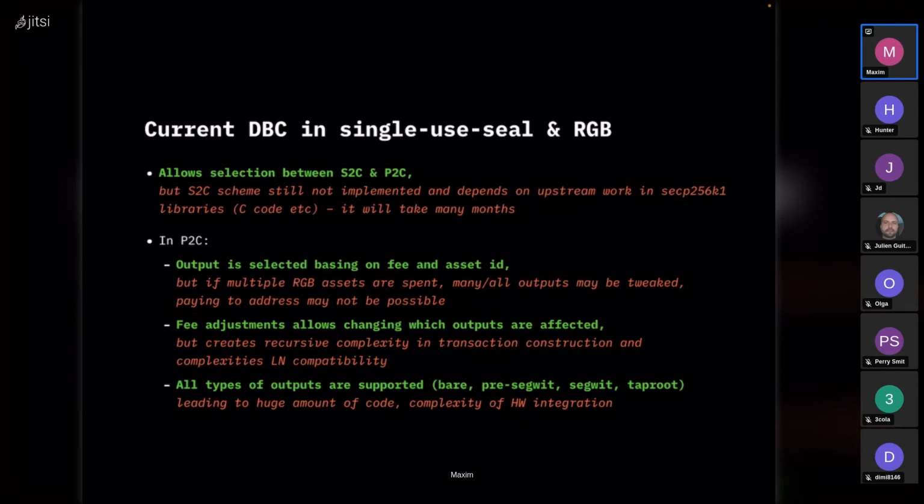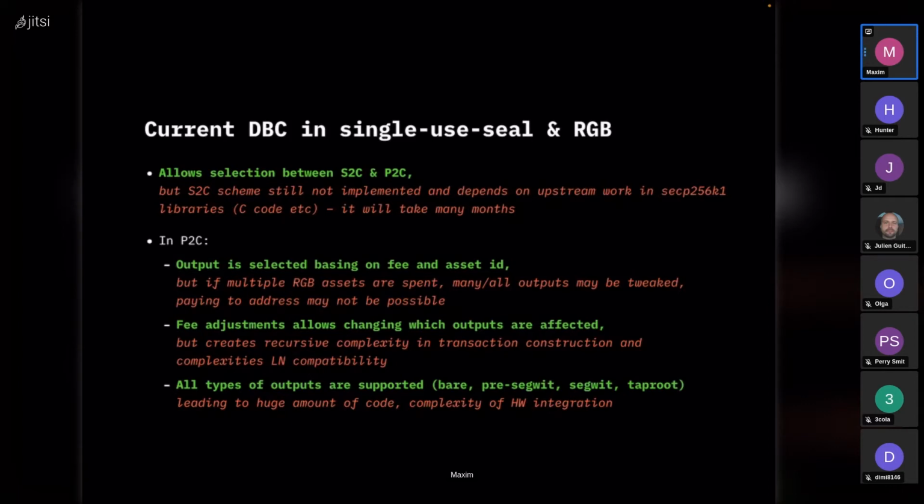So first of all, in RGB, we select the output that contains the commitment based on two factors. First, the fee of the transaction, and the second is the identifier of the RGB smart contract, whose change in state we are committing to. And basically, this allows us to avoid chain analysis because you are not able to predict which output contains a commitment to which RGB smart contract without having the client-side data.